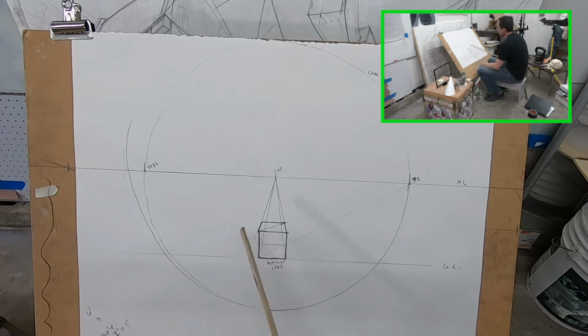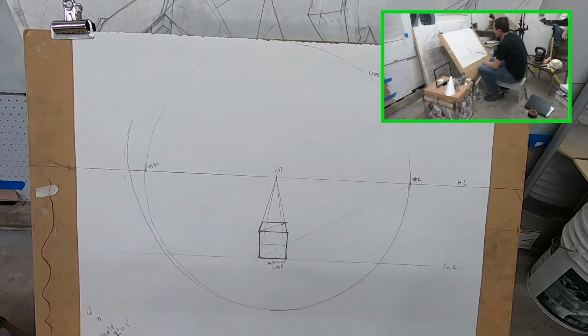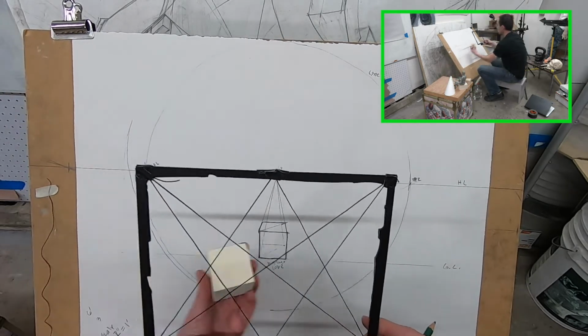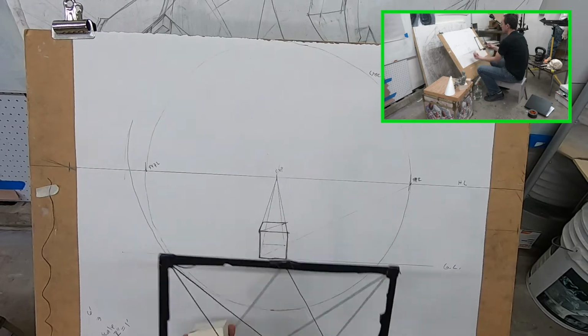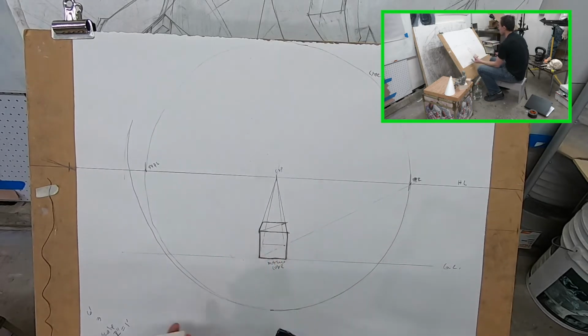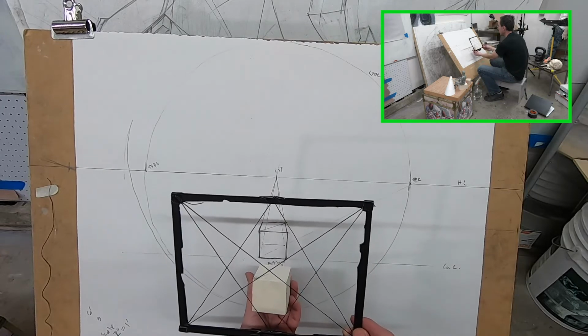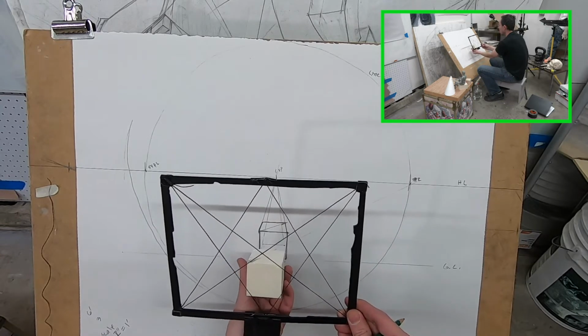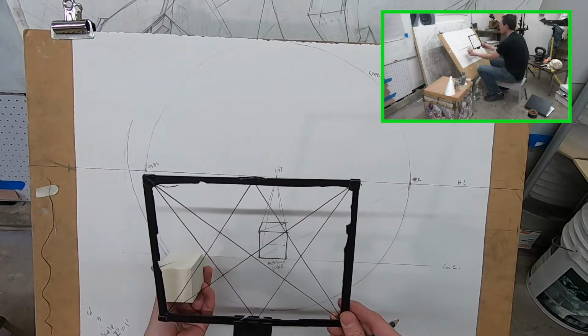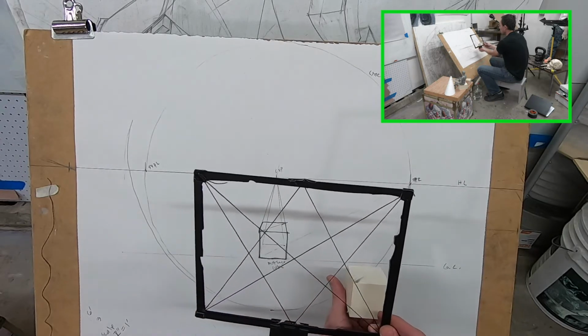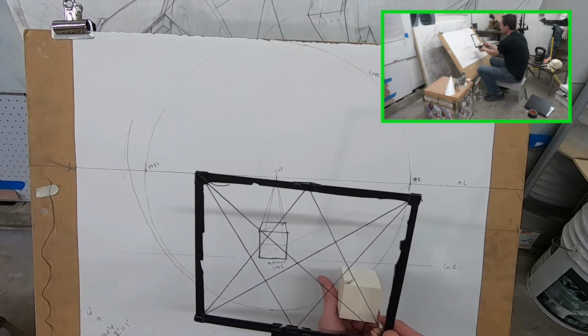All right. Now that we've got that 1-point perspective, let's just play around with where that cube could be. So if I've got my picture plane, right now it's directly in front of the viewer, so I'm just seeing two planes of the cube. What happens if I was to shift it off to the left or off to the right, and then suddenly I'm seeing three planes?